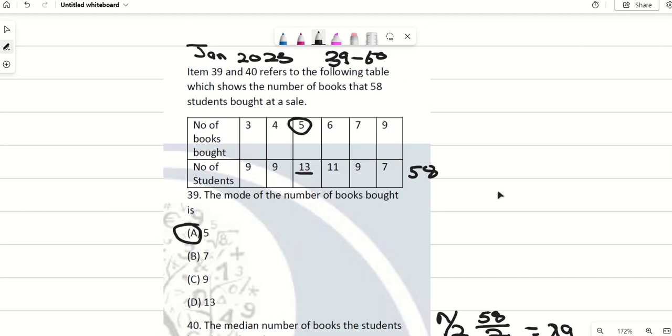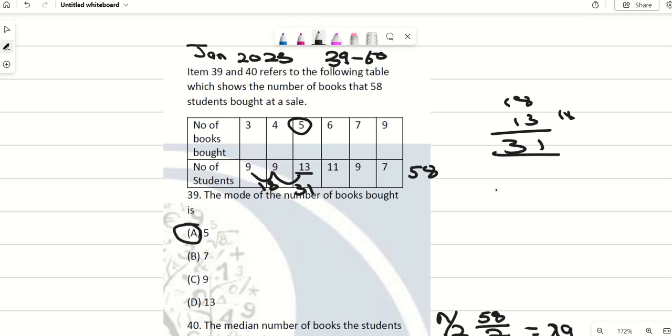To get your 29th student, we're going to add, to find out where your 29th student lies. So we're going to add 9 plus 9 is 18, and then 18 plus 13 is 31. So here, we have our 31st student.